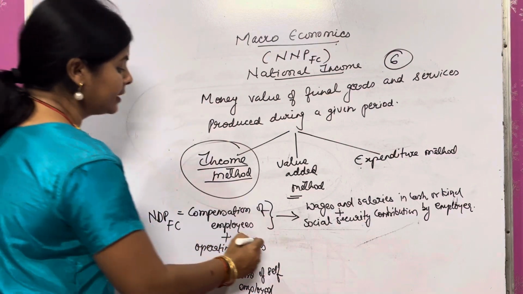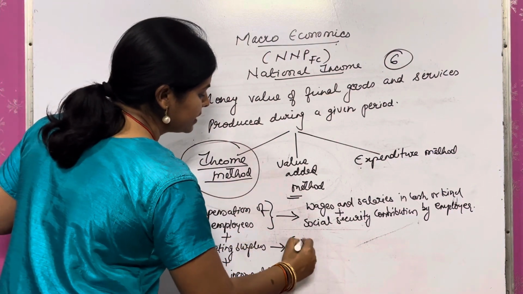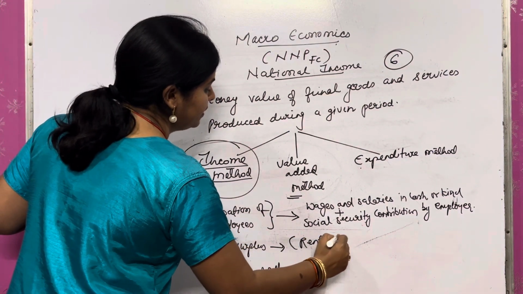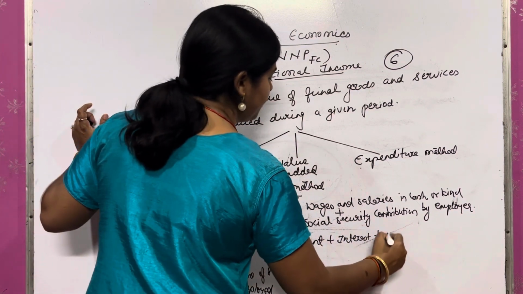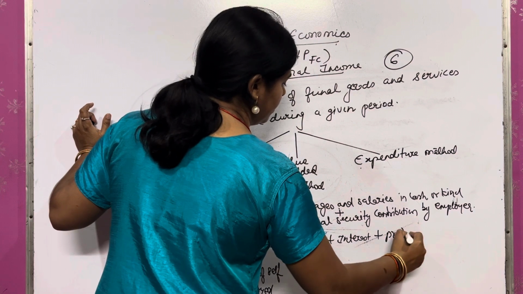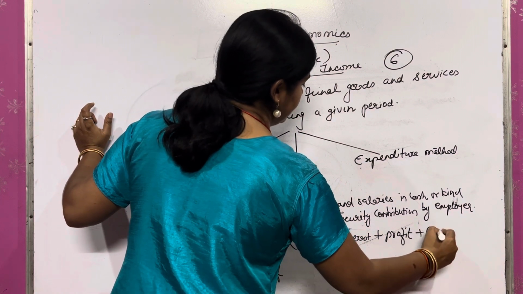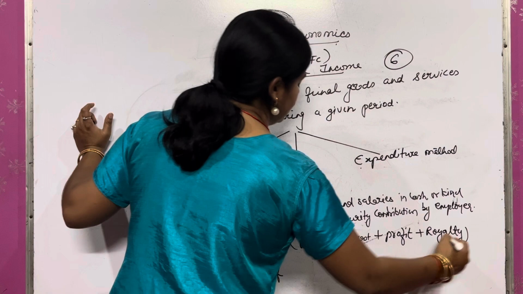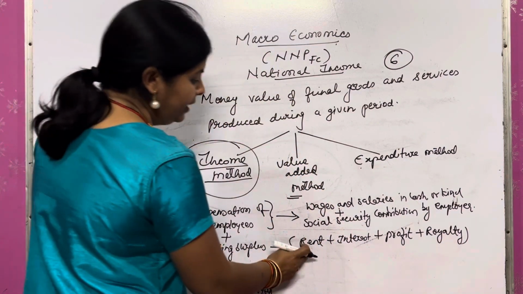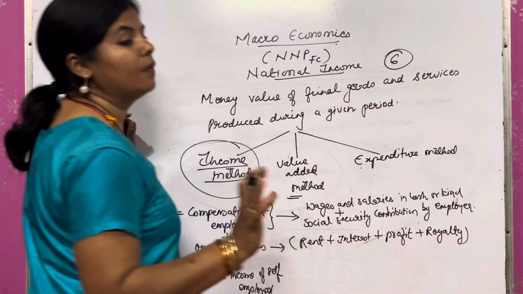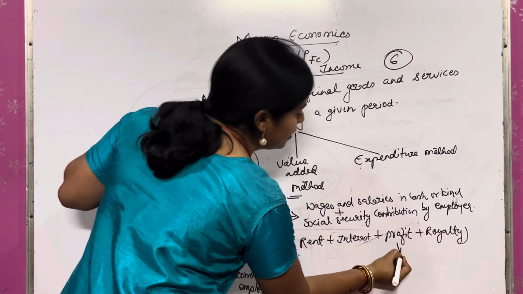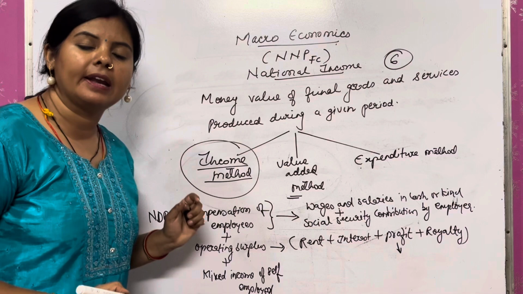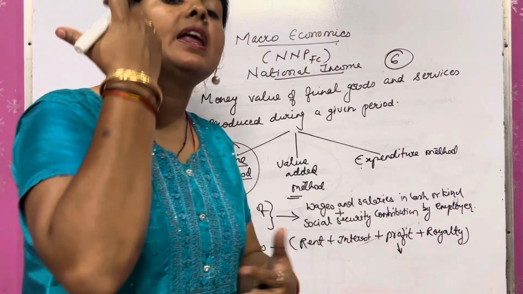What are the items that come under the operating surplus? That is rent plus interest plus profit plus royalty. Rent, interest and royalty always come directly in the question. But profit sometimes is not given directly; they give it in another way.